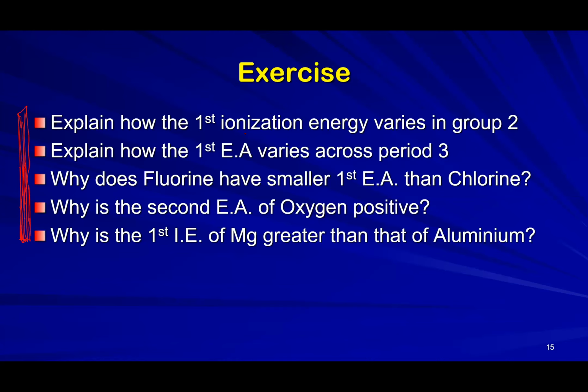Explain how the first electron affinity varies across period 3. Why does fluorine have a smaller first electron affinity than chlorine? We have seen that. And why is the second electron affinity of oxygen positive? And lastly, why is the first ionization energy of magnesium greater than that of aluminum?